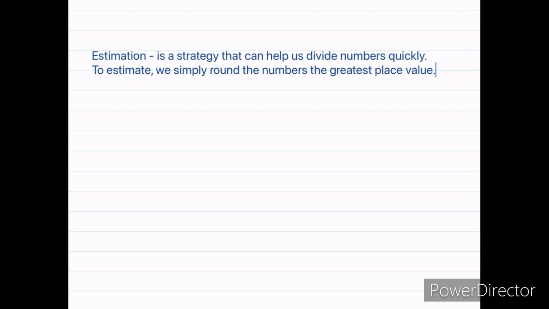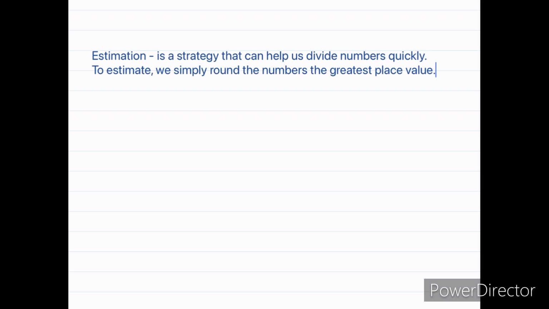So now let's talk about estimating quotients. When we say estimating, it comes from the word estimation. Estimation is a strategy that can help us divide numbers quickly. To estimate, we simply round the numbers to the greatest place value.